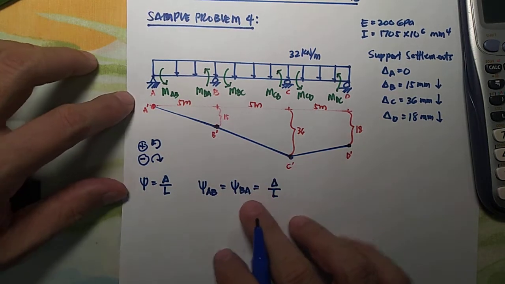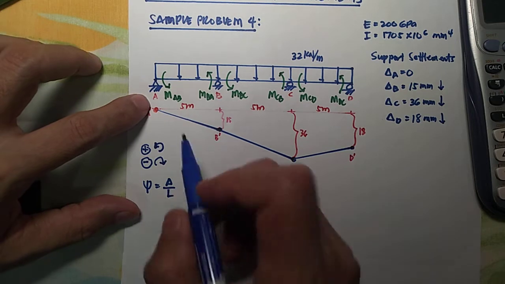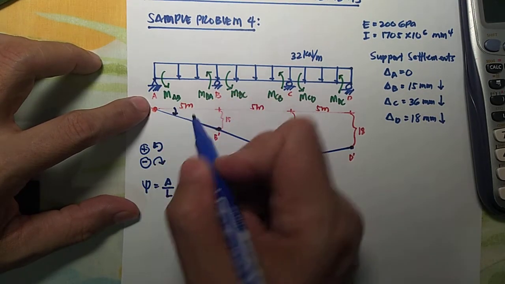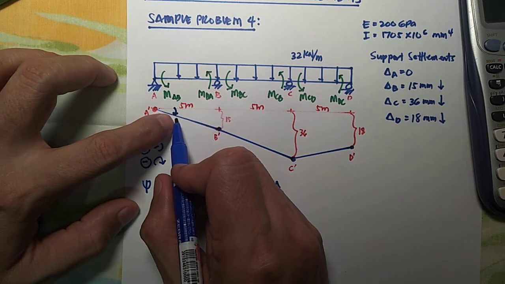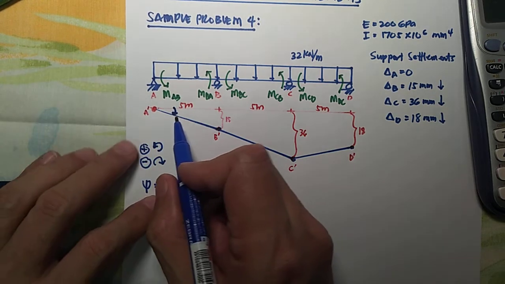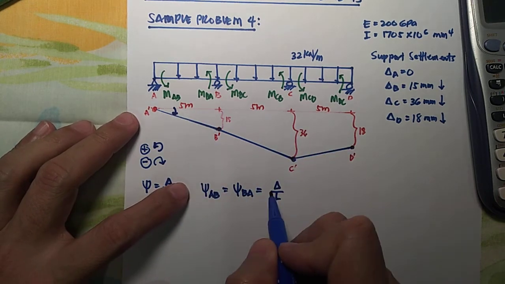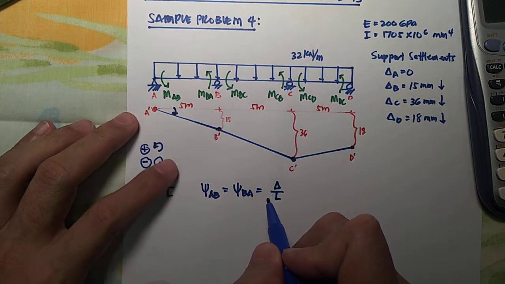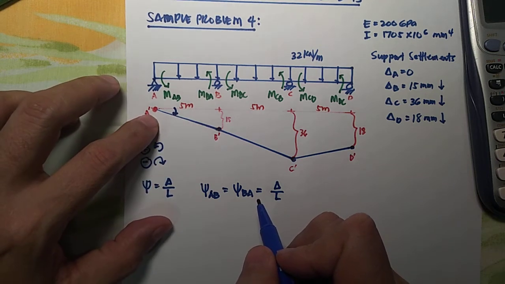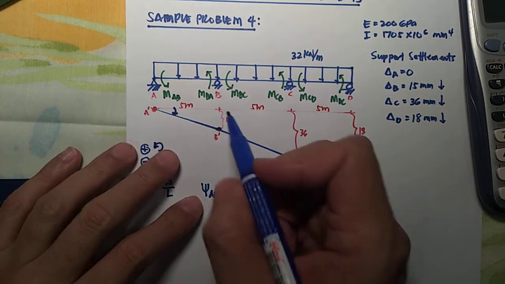Let's say, kunwari for AB, diba from the original position, ito siya, then napunta siya ron. So ang rotation is clockwise. Yan yung delta. That is the displacement created by displacement at B.